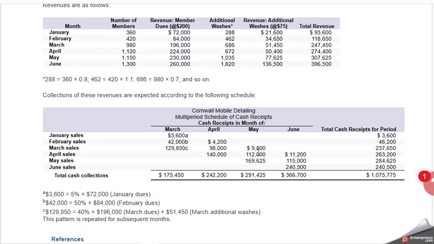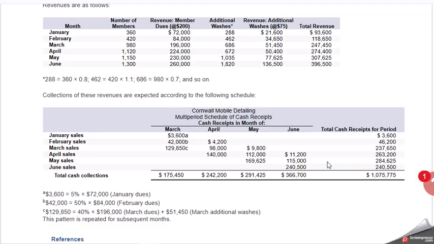Then May, we would have 5% of March, 50% of April, 40% of May, plus the additional washes. June would be 5% of April's, 50% of May's, 40% of June's, plus the additional washes.